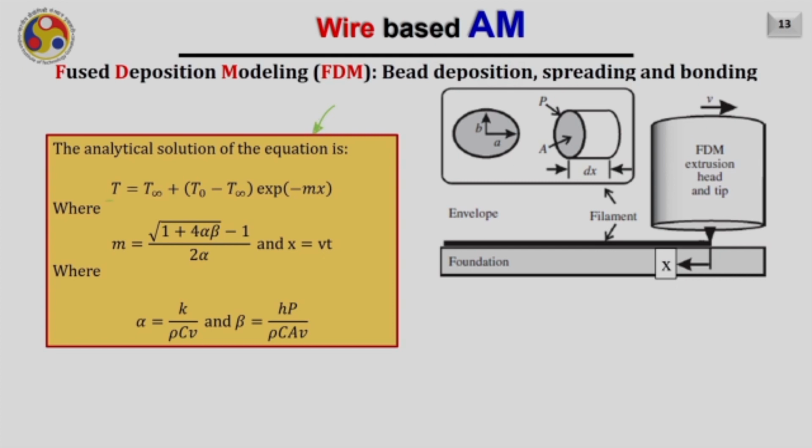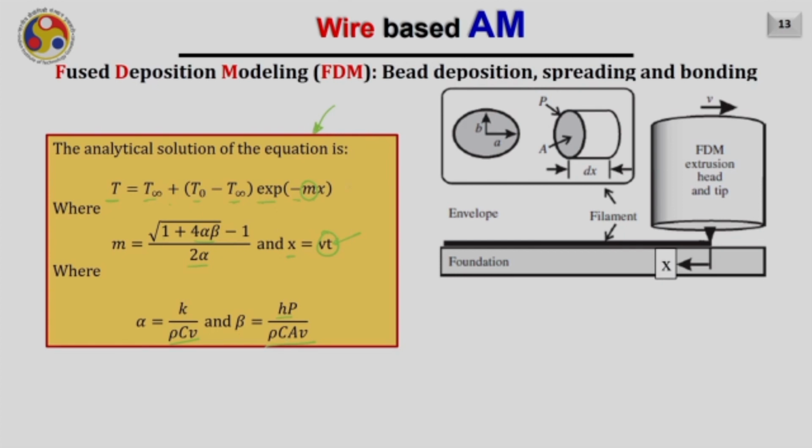It says the temperature T will be equal to T infinity plus T naught minus T infinity times exponential of minus m x, where this particular constant m is equal to root over 1 plus 4 alpha beta, minus 1, divided by 2 alpha, and also x is equal to v, velocity, and at any point of time which we are trying to observe, into t. Of course, alpha is equal to k by rho C v and beta is equal to h p by rho C A v.